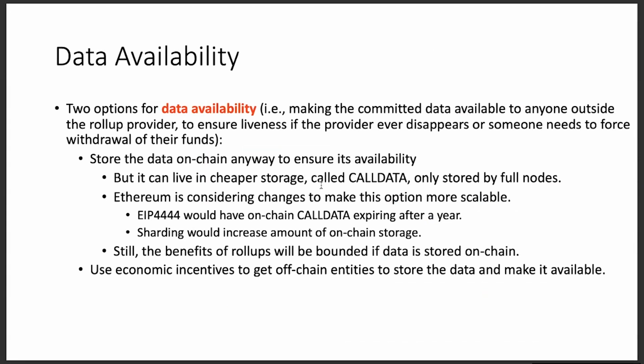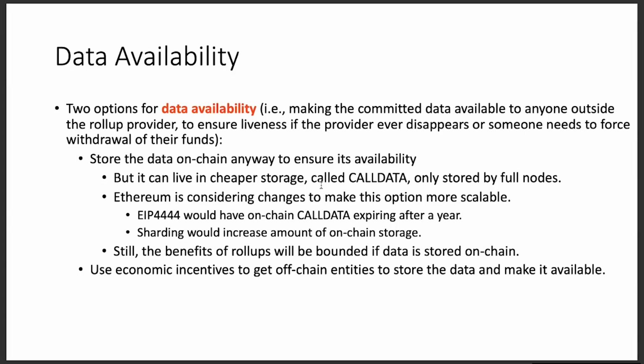One is the rollup provider might just disappear one day or be compromised, and someone else might want to step in and take over. Or someone might be getting censored, like the rollup provider is refusing to include their transactions in the batches, and then they have to force withdrawal of their funds. And I think you can't do that if you don't know the state underlying the commitment.